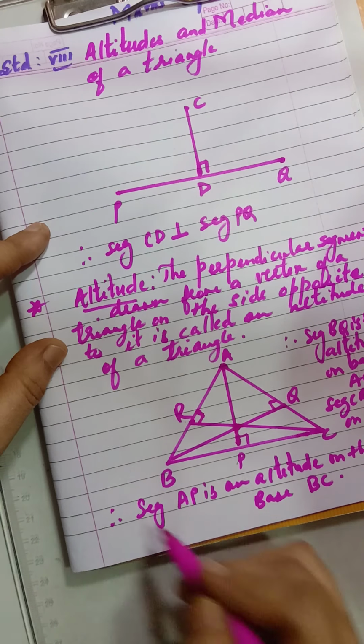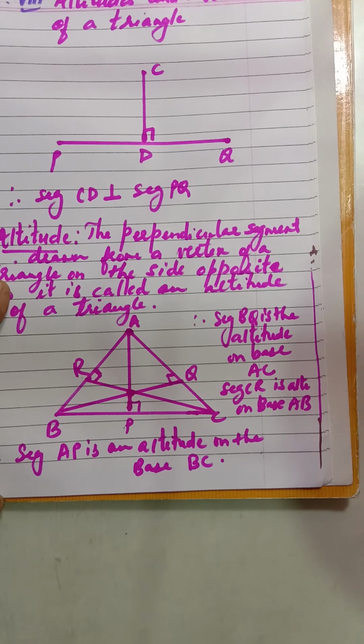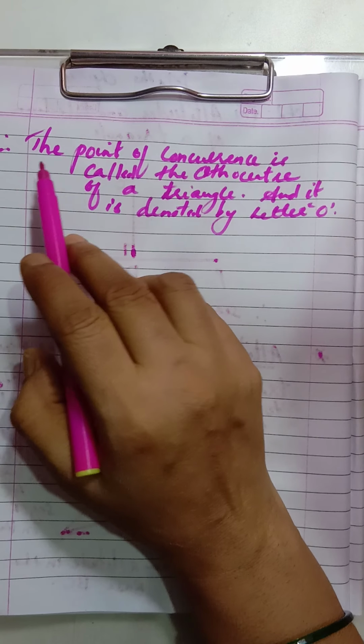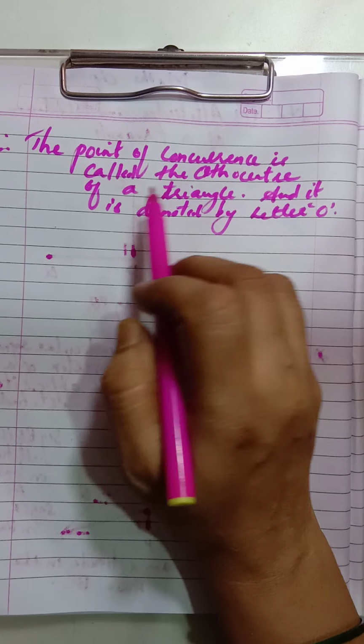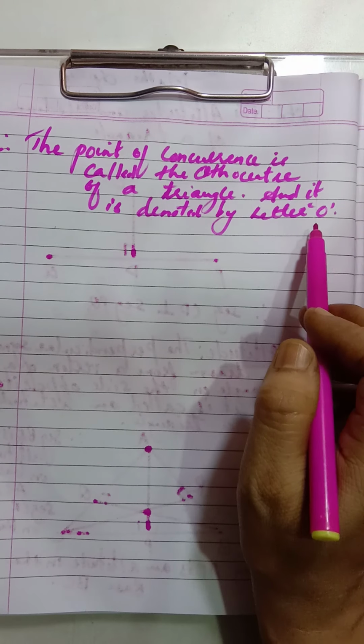So the point where all the 3 altitudes intersect is called the point of concurrence, and it is denoted by letter O. So children, copy down what it is called. The point of concurrence is called the orthocenter of a triangle, and it is denoted by letter O.